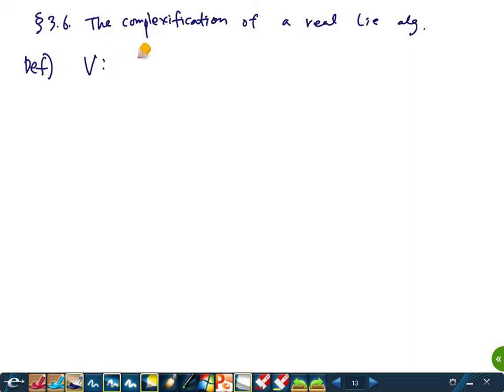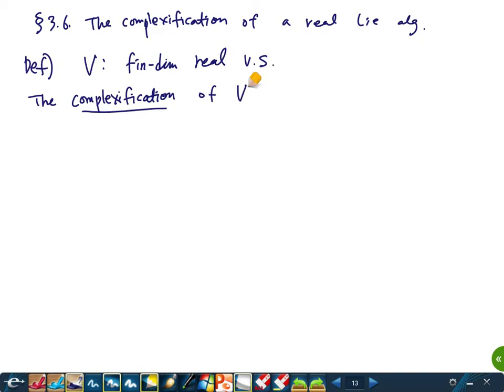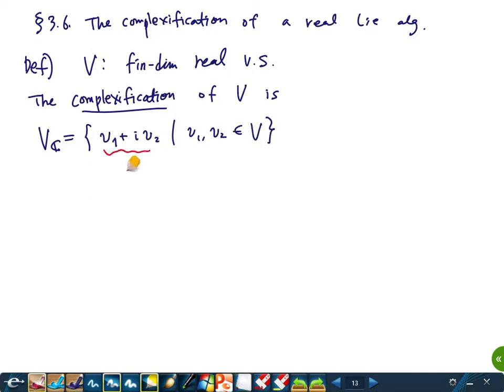So let's say V is a finite dimensional real vector space, and the complexification of V is denoted V sub C. It's a set of all objects like this. Here, we think of this as a formal sum.